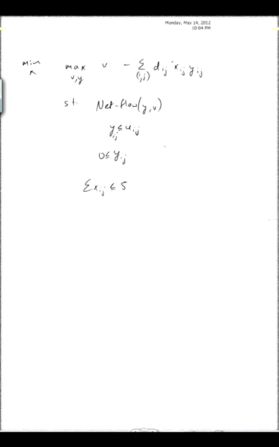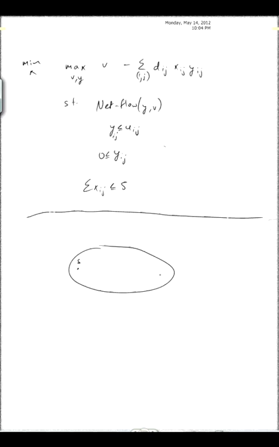So these d's right here, you can think of them as a penalty for putting flow on the arc. So let's just, with a picture, imagine what this penalty term is actually saying. So we have a graph here and the node S and the node T. And imagine some arc in the middle here going from node i to node j. So the operator of the max flow problem could potentially put some flow on this arc from i to j.